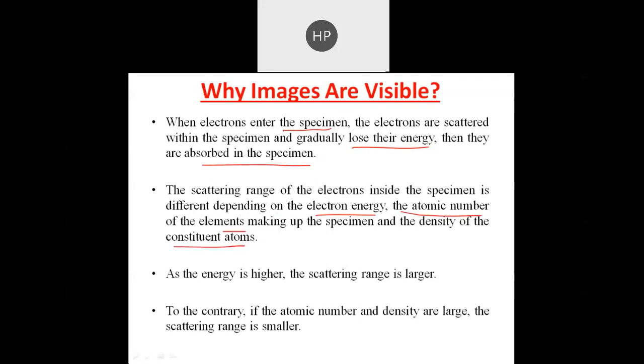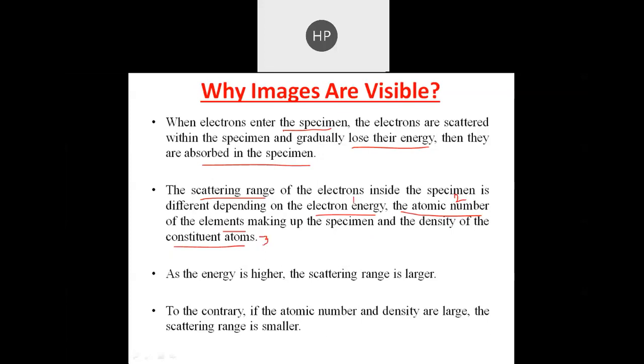So the scattering range depends upon three things: first, the energy of the electron; second, the atomic number of the specimen; and third, the density of the constituent atoms.